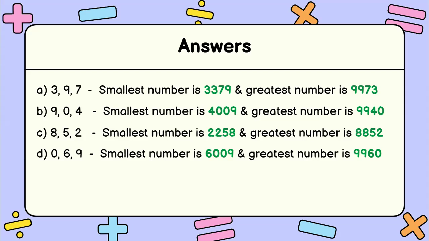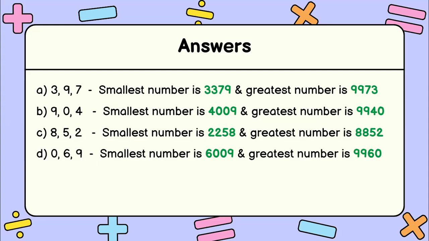The greatest number is 8852. In this whole question, shifting digits are important. We shift the digits, we repeat the digits. So that's why shifting digits is important to conquer this question.